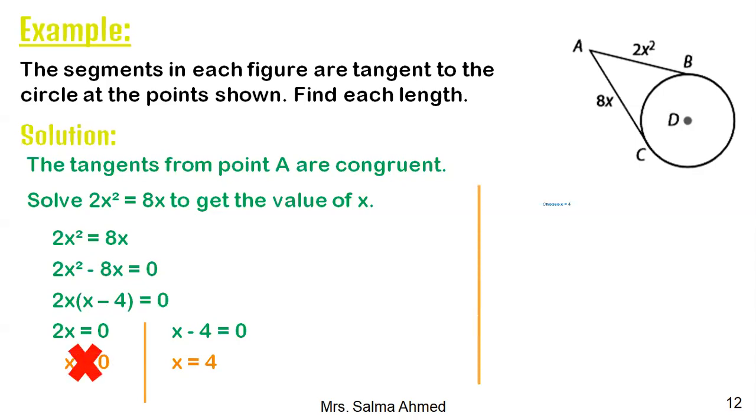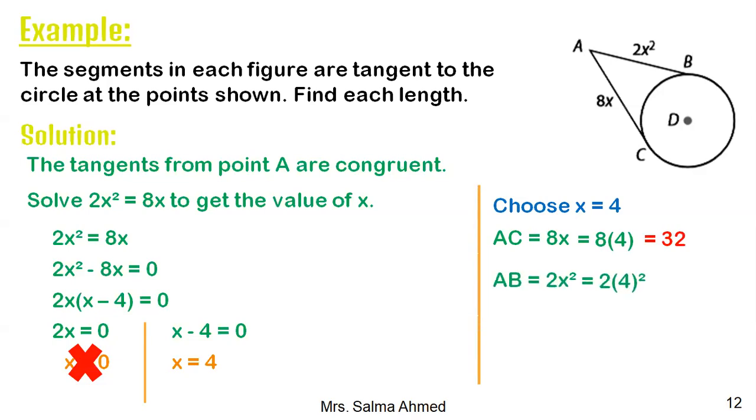I choose x equals 4 to substitute to get the tangent lengths. AC equals 8x, 8 times 4, which gives 32. AB equals 2x squared, 2 times 4 squared, which equals 32 also. Both of them are equal.